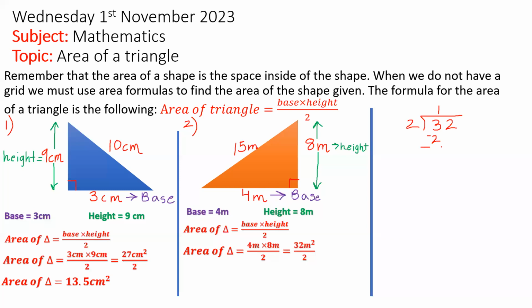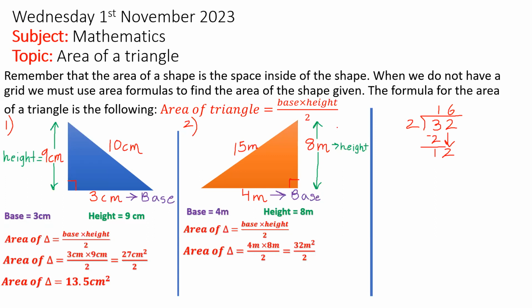And 3 minus 2 is 1. Bring down the 2. How many times can 2 go into 12? 6. Very good.